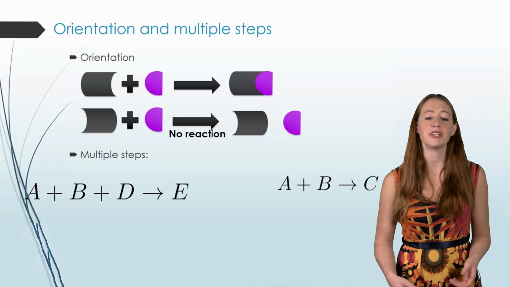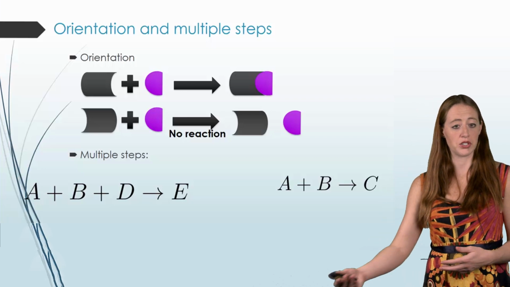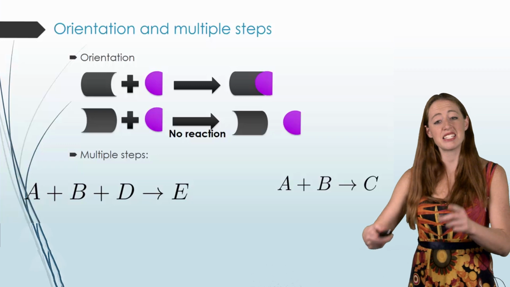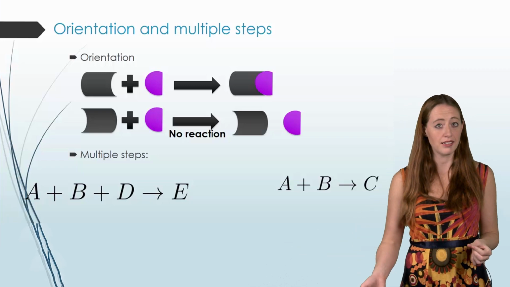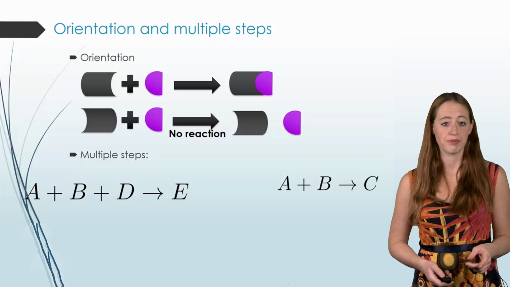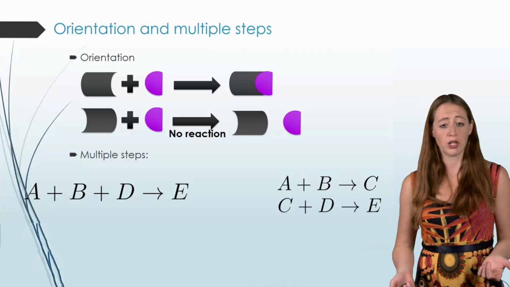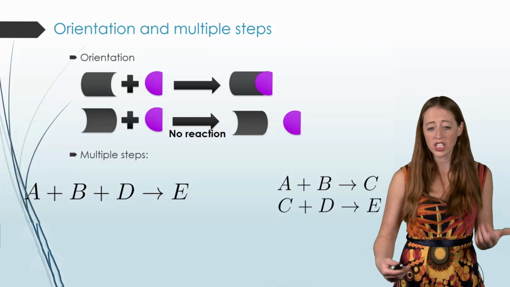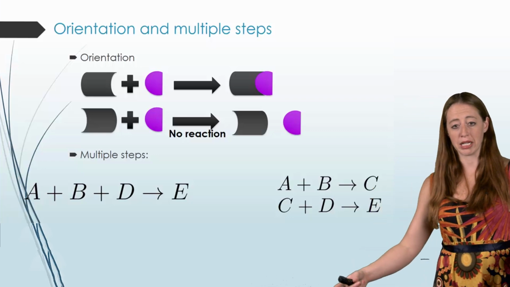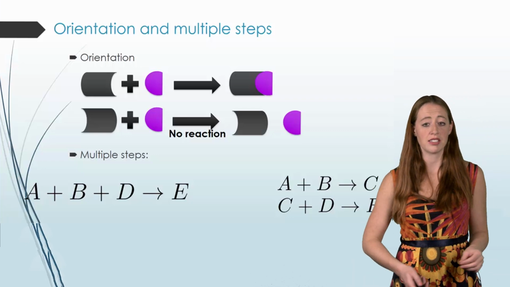So maybe instead you actually have A plus B going to some other species C. But then that species that A and B makes, that C, is going to react with D to form our final product. And so if you look at the overall reaction, it looks like you just have these three initial reactants forming a product. But there are also these in-between steps.